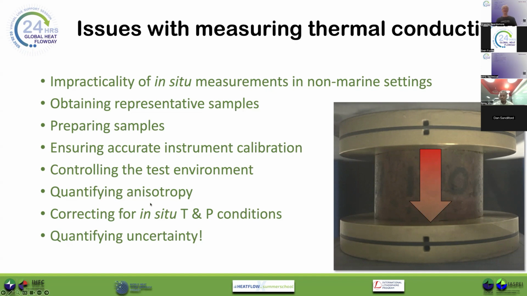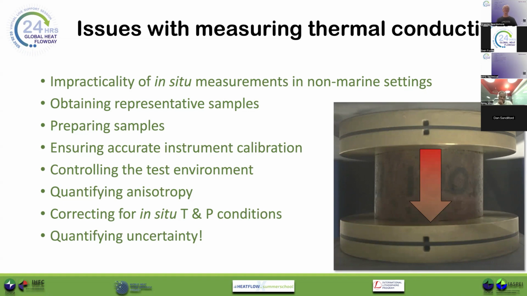I've already talked about anisotropy. If we are really interested in anisotropy, then the rock samples need to be prepared and measured in particular ways to characterize anisotropy. And then I've also talked about relating the laboratory measurement results back to the in situ conditions where that rock naturally resides and where we're really interested in.